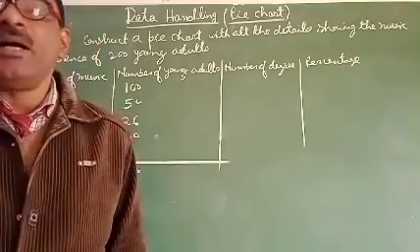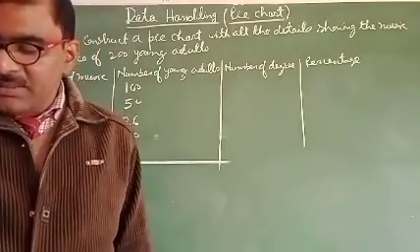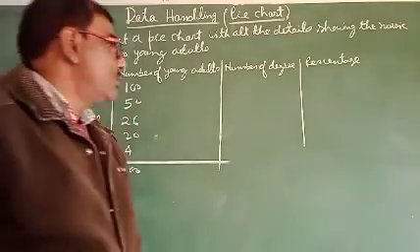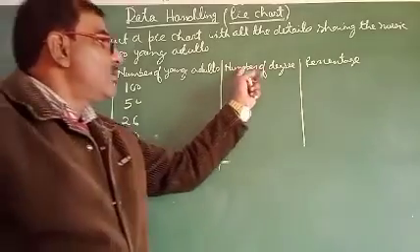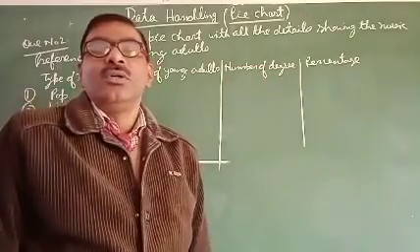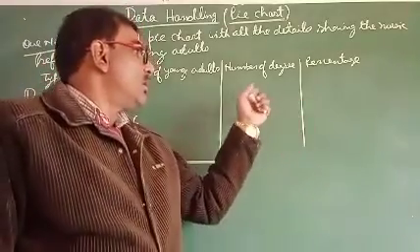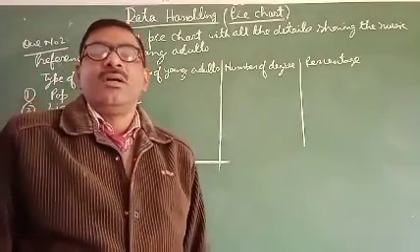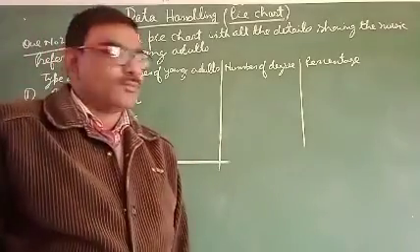Now by this data we have to find the pie chart. So here this column is the number of degrees. I will find the number of degrees at the center of the circle.